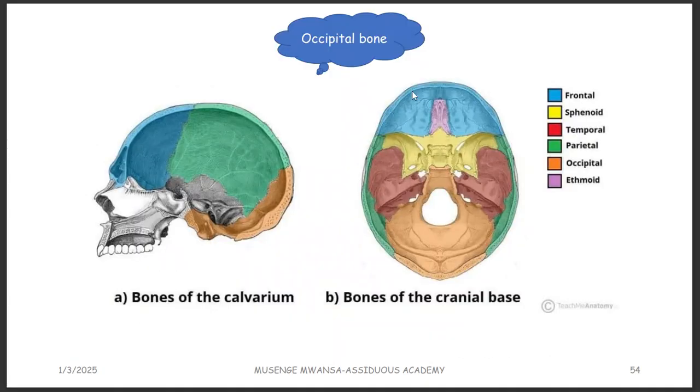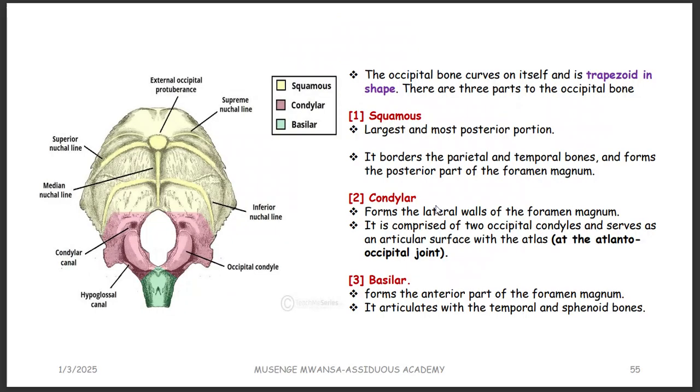And then we have the occipital bone, which is this squamous bone at the end here. The occipital bone also has some canals. It actually has different parts. It is trapezoid in shape. It has the squamous part.